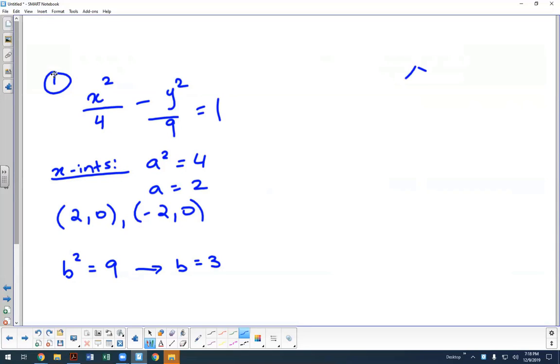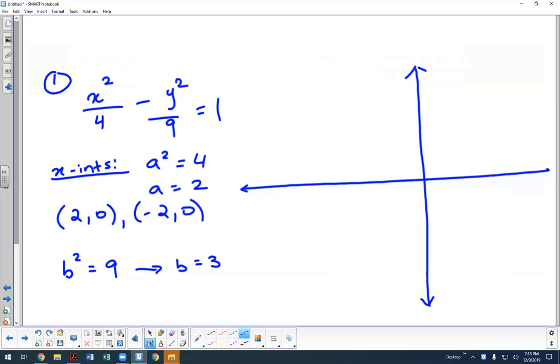So if I draw my little graph here, this is our x and y, and we're going out to 1, 2, 3, 4, 1, 2, 3, 4. Okay, we know for sure we're going to have our x-intercepts at negative 2 and positive 2.